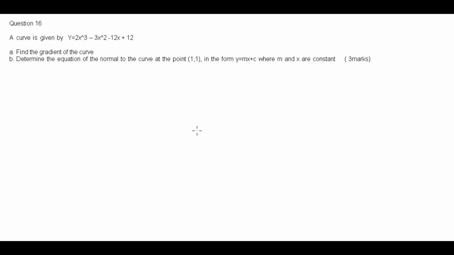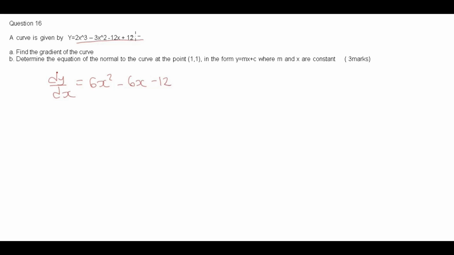A curve is given by y equals 2x cubed minus 3x squared minus 12x plus 12. Find the gradient of the curve. So the gradient of the curve is change in y over change in x, so we just differentiate this equation. 2x cubed, that is 6x squared, minus 3x squared, that is 6x, minus 12x, that is 12.